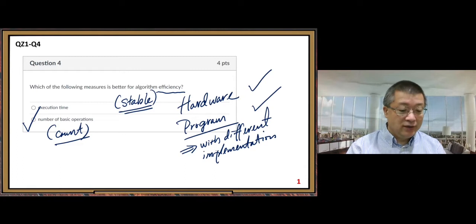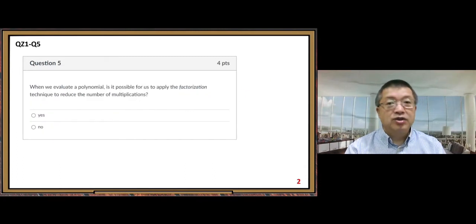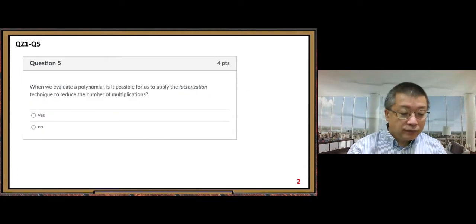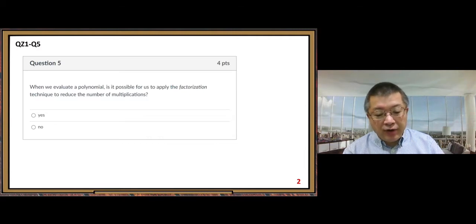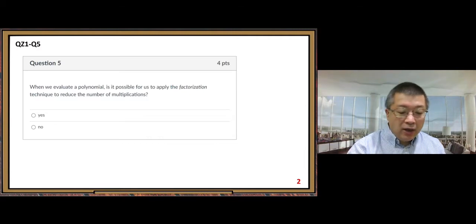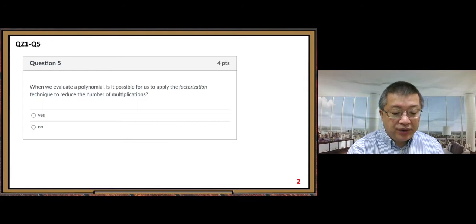Okay, that was question number 4. Question number 5. When we evaluate a polynomial, is it possible for us to apply the factorization technique to reduce the number of multiplications?